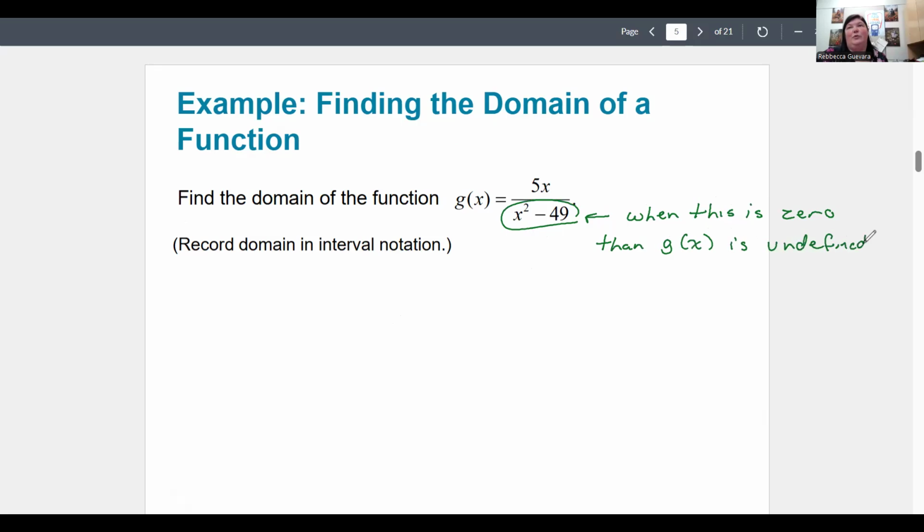So the way we did this last time was that we took that denominator, set it equal to 0, and then factored it. Of course, we'll have more techniques going forward, but we factored it, and then we saw that this only equals 0 if x is equal to minus 7 or plus 7.